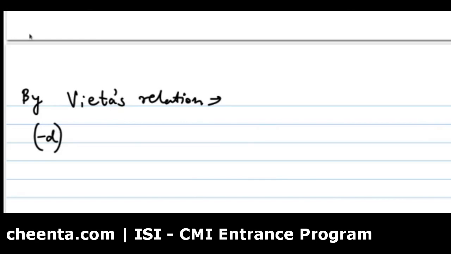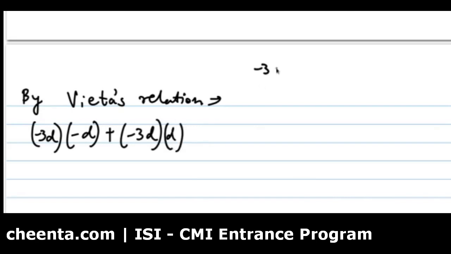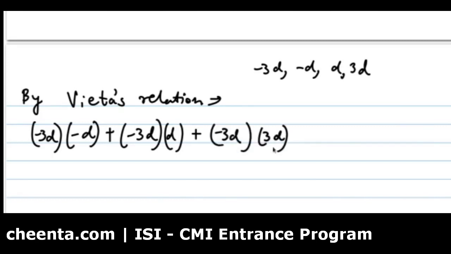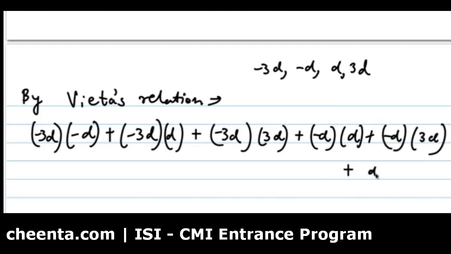So it will start with minus 3d times minus d, plus minus 3d times d. I'll just write down the roots again: minus 3d, minus d, d, 3d, and take the products in pairs.